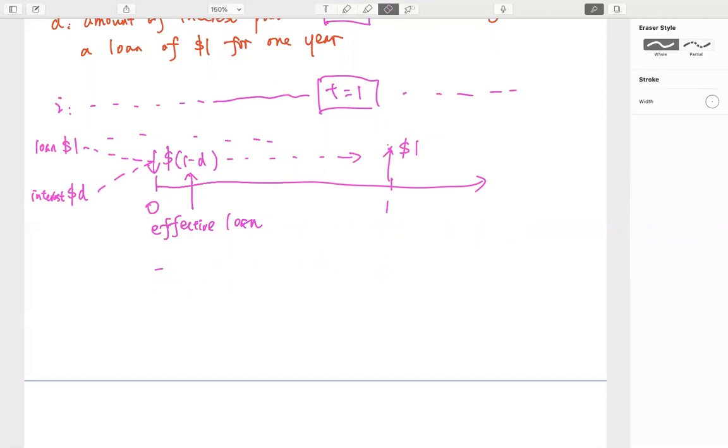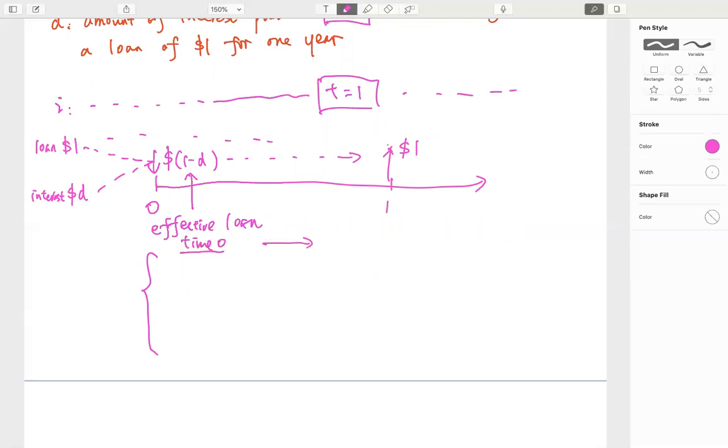Let me sum up everything. It's always from time 0 to time 1, okay? That is something I need to mention. It's always between time 0 and time 1. If I start with $1, I will get 1 plus I, right?